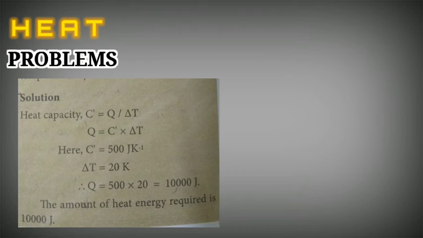Delta T is equal to 20 Kelvin is given. Substitute all these values. Then amount of heat energy Q is equal to 500 into 20, that is equal to 10,000 joule. The amount of heat energy required is 10,000 joule.